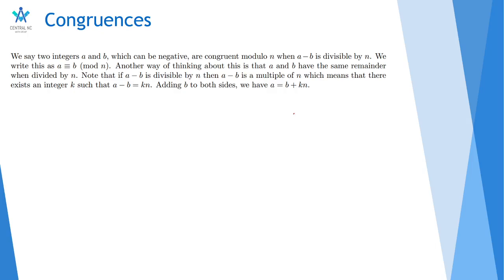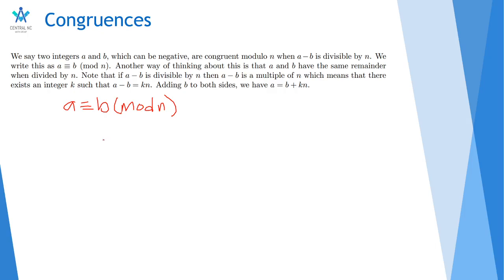So first of all, let's look at this. We're given in the definition that if a is congruent to b modulo n, that means a and b have the same remainder when divided by n, or n divides the difference a minus b.